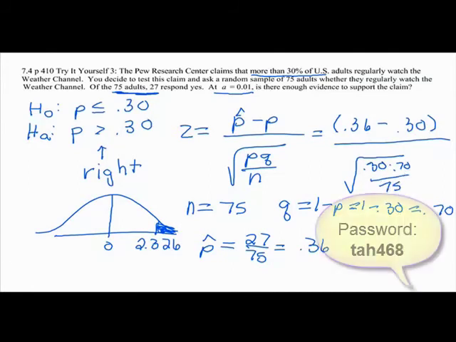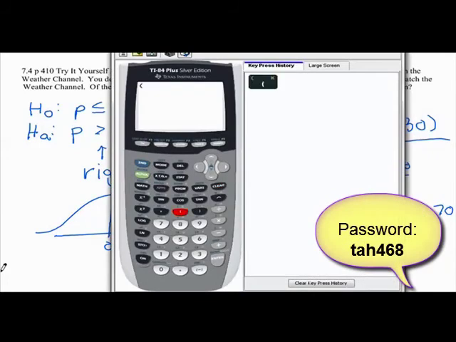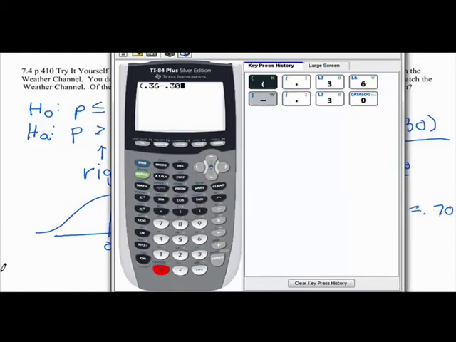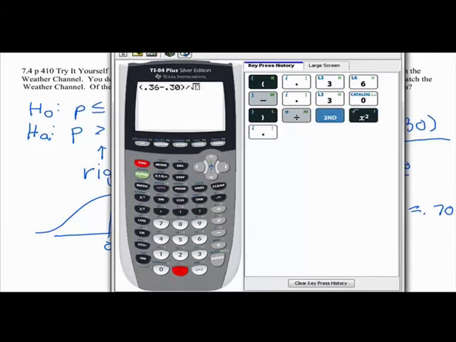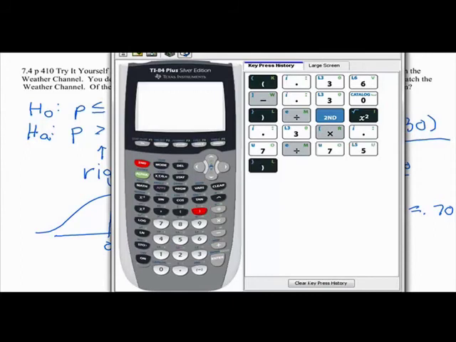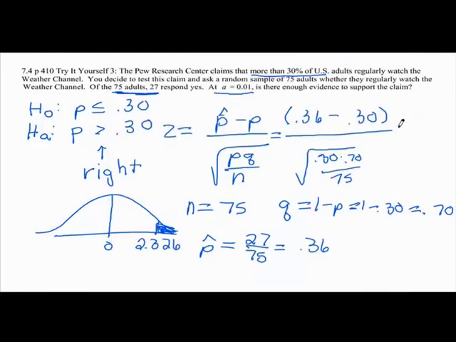So let's put that in our calculator. 0.36 minus 0.30 close parentheses divided by the square root of our p, which is 0.30, times our q of 0.7 divided by the sample size of 75. And so that'll give us 1.13 rounded correctly.